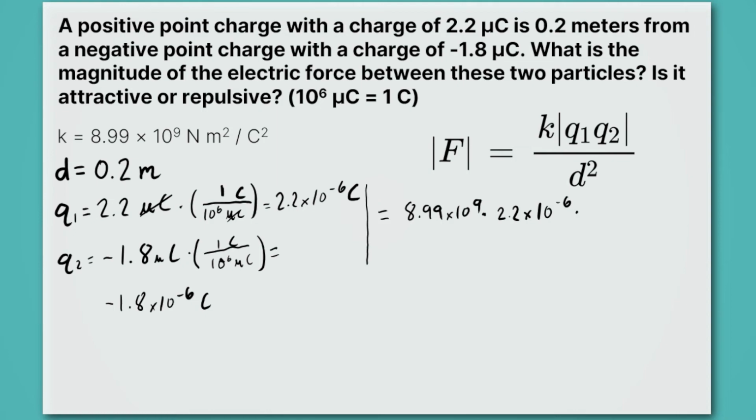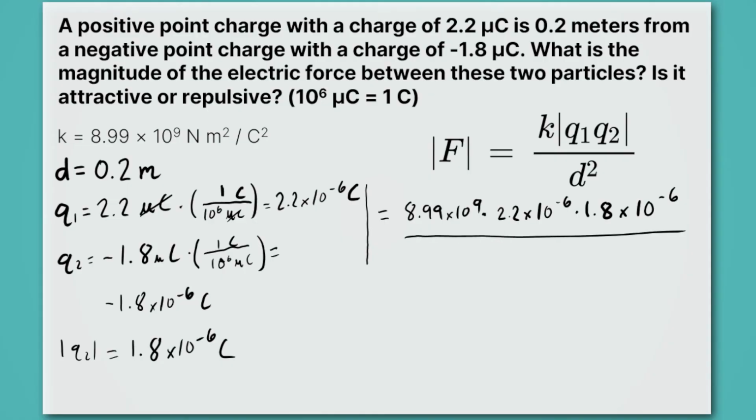But our second charge does have a negative sign on it. So the magnitude of Q2 is actually going to be just removing that minus sign, and we'll have 1.8 times 10 to the minus 6th coulomb. So when we plug that in, we just put 1.8 times 10 to the minus 6, and our sign is gone. Because remember, here all we're calculating is the magnitude of that force. Then we divide by the distance squared, 0.2 squared.